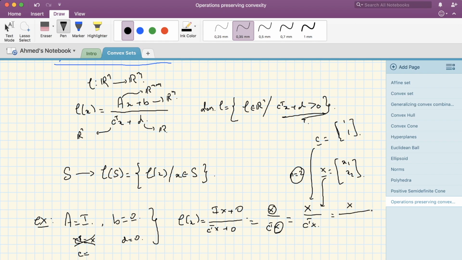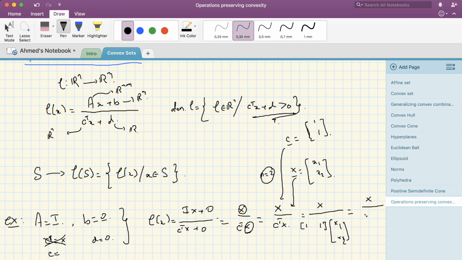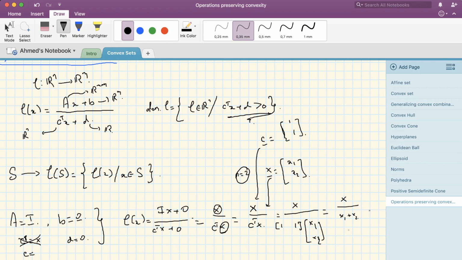But in the denominator, you have 1, 1 multiplied by x1, x2, you get x over x1 plus x2. That means you will get another vector called L of x, where you're dividing x by the sum of its entries. And why is that special? It's because if you sum the entries of L of x, then you'd get 1. So that was one example, and that's all I have to say about operations that preserve convexity.